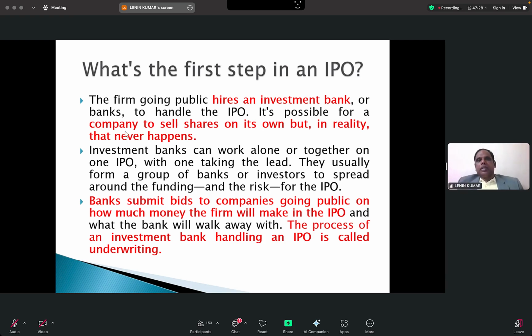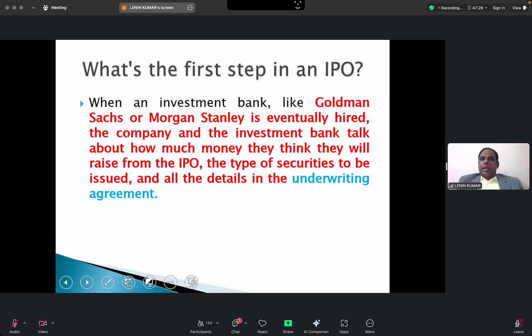When an investment bank like Goldman Sachs or Morgan Stanley is eventually hired, the company and the investment bank talk about how much money they think they will raise from the IPO, the type of securities to be issued, and all the details in the underwriting. Now Lulu and NBD need to enter into an agreement.